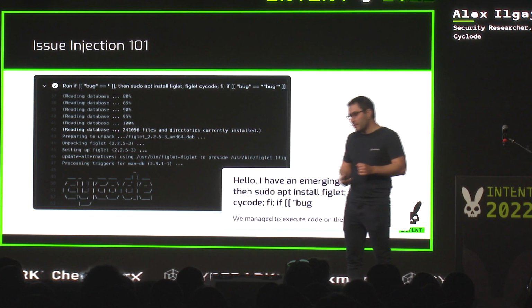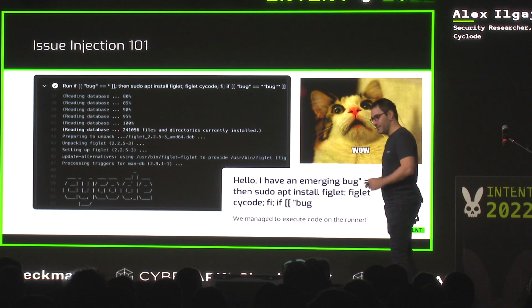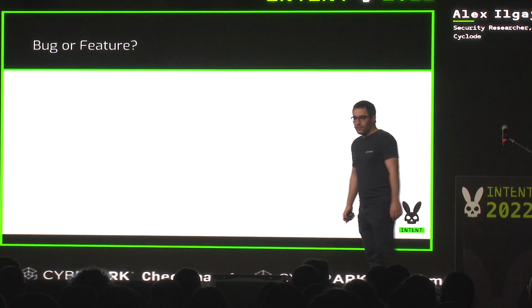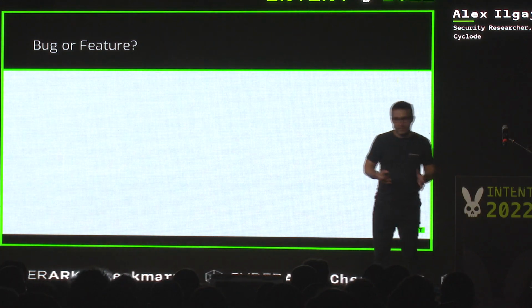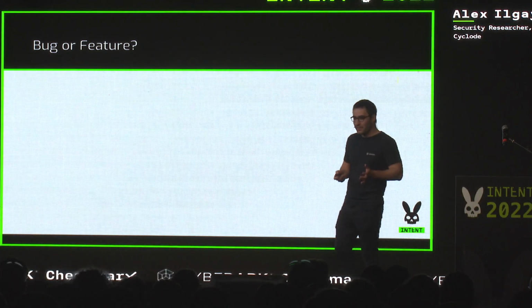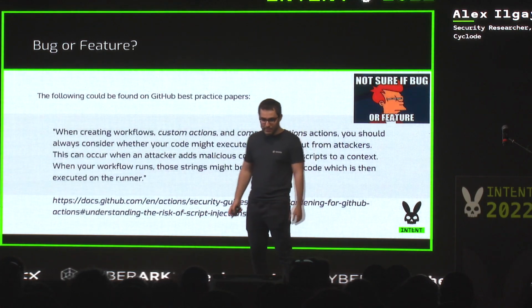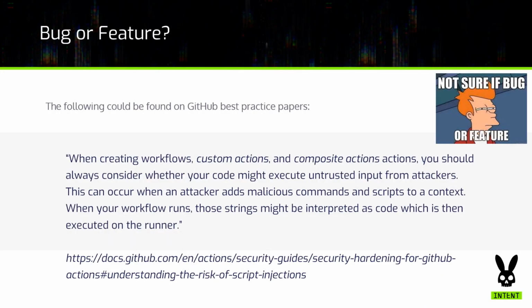When I first did this, I was like, wow, this is cool. What could be the possibilities of this? At first I thought this was a bug, like, what's going on? Then I went to the GitHub Actions documentation on best practices, and understood it's not a bug, it's by design.